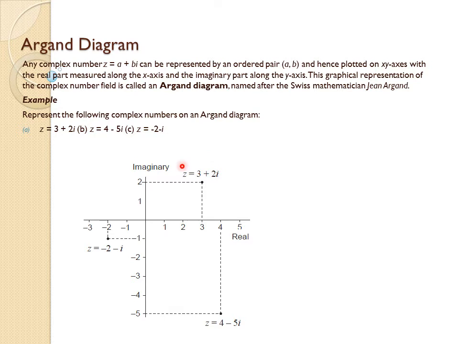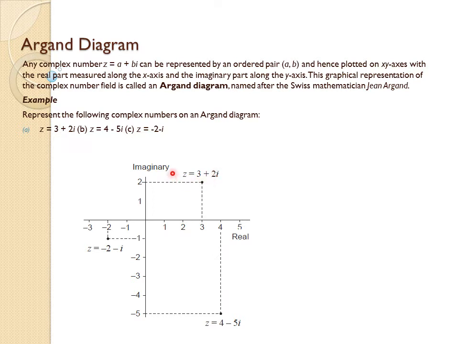Now you can see the mouse pointer here. This is 3 and this is 2, so the point 3, 2 will be located over here.